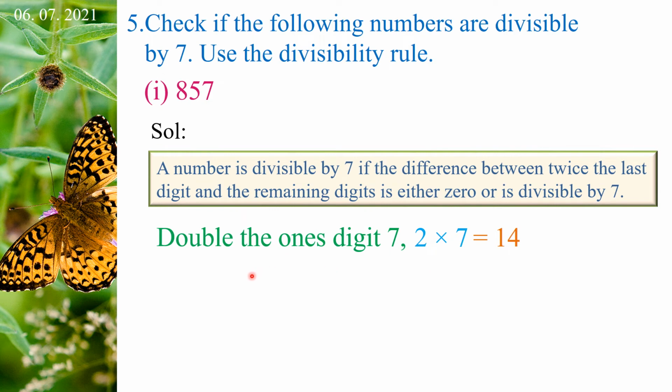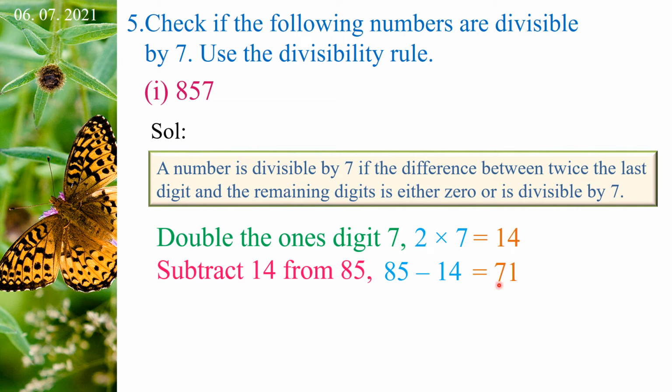Next, what are the remaining digits? Good, 85. So now we want to find the difference between twice the last digit and the remaining digits. That is, subtract 14 from 85. So we get 85 minus 14, 71.